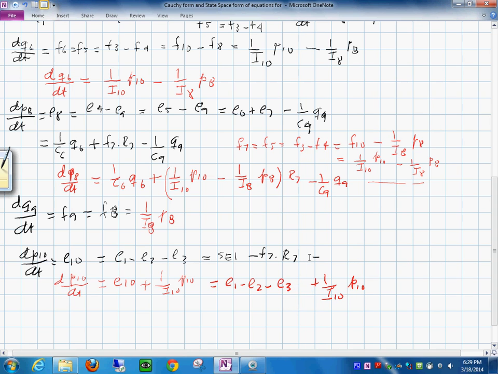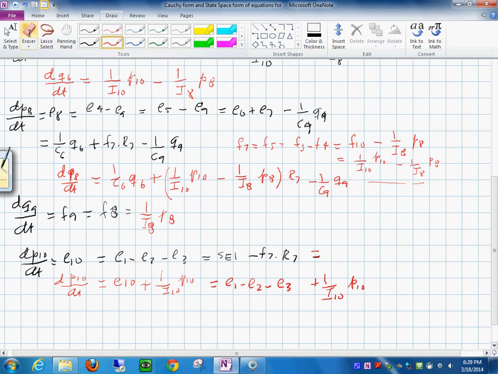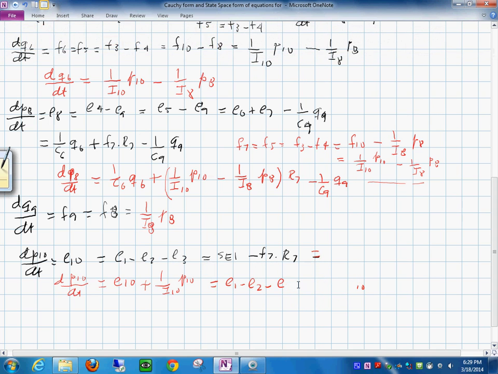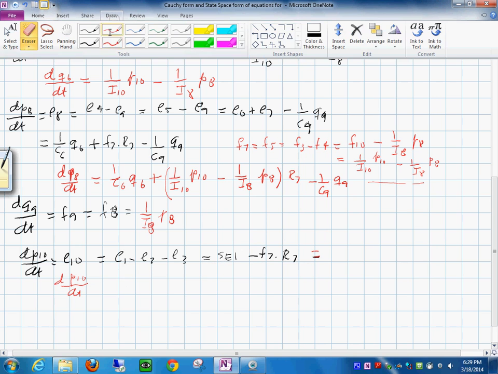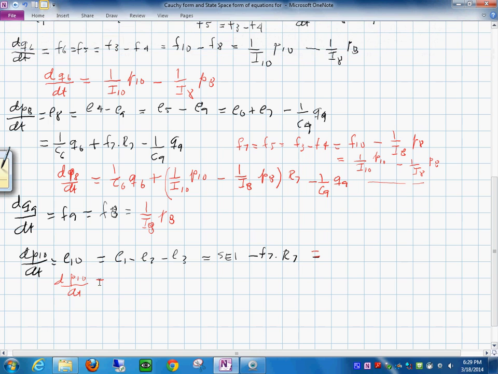I think we have a mistake in here that I wish to correct. This is already E1 minus E2 minus E3. We cannot be doing that again. So let me just go back. I think there was a little mess up in here. We already have this. This is SE1 minus F7.